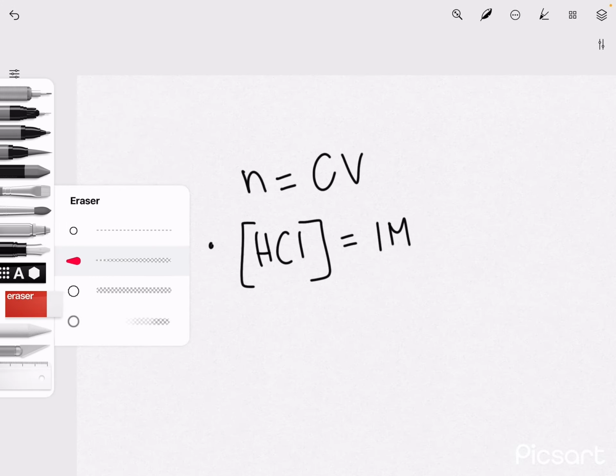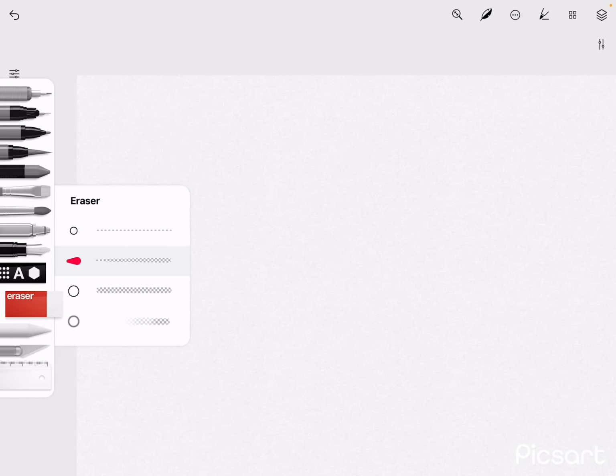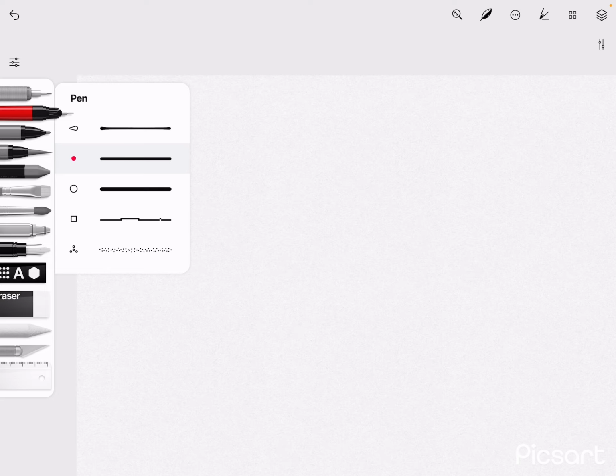On to our next and final point under this area of the specification, I believe, yes, we have to know about Avogadro's law.